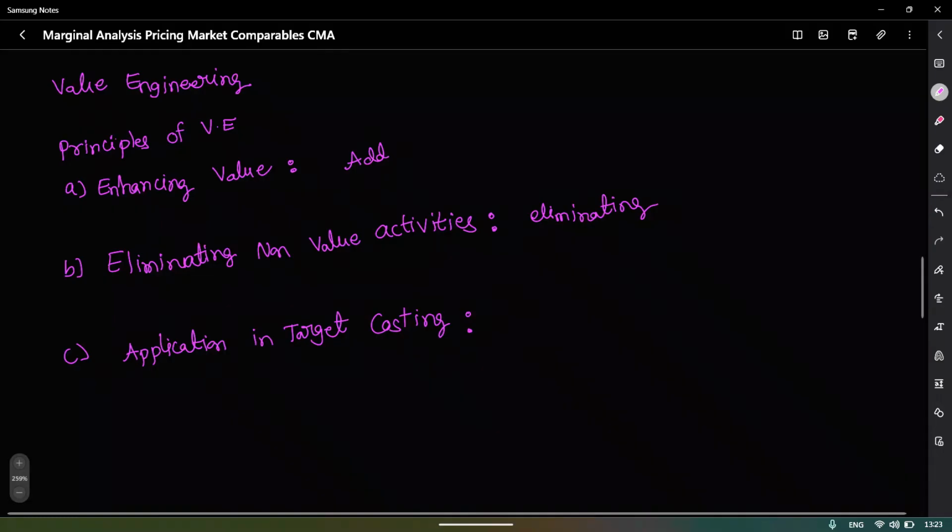Application in target costing. Sir, we will only target on our production. Like, sir, if we have to produce within $10, we have to target that. We will calculate how much raw material we will use, how much labor we will use, how much indirect labor or direct labor, direct material. Means, sir, variable costing part we'll have the control, and we'll try to manufacture within it.